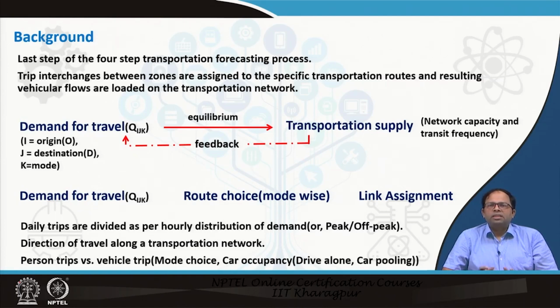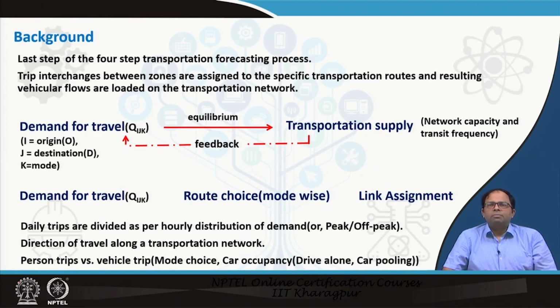That means even though we estimate TIJ and QIJ values for the interzonal travel volume for the overall day, at the end of the day we have to determine a distribution to ascertain which hourly load, or at least even if we don't do it hourly, we need to do it for the peak hour, off-peak hour, and so on.